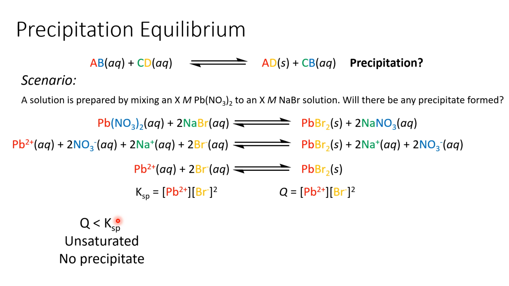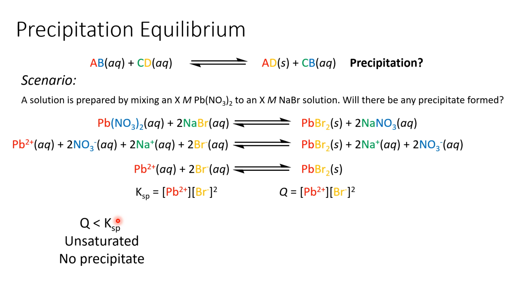And if Q is less than K, what that tells you is that your denominator, your reactants, is larger than your numerator, which is products, right? Products is numerator, reactants is denominator. So if Q is less than K, you have more reactants than products and you're not at equilibrium. So you need to drive the process forward.